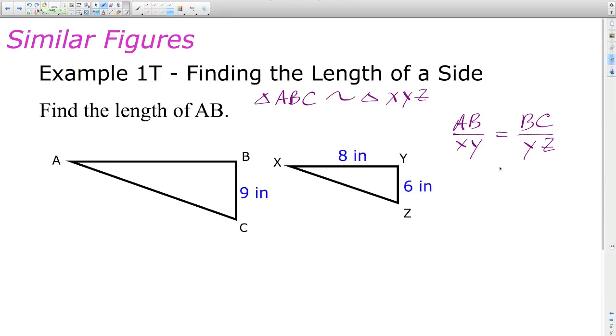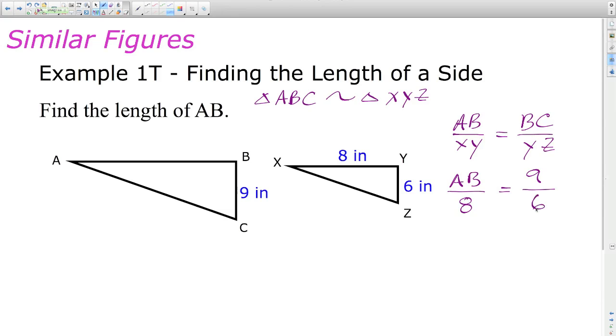Now we substitute our numbers in with the substitution property of equality. AB is what we're solving for, so I'll just leave that as a variable. For XY, I substitute 8 inches. For BC, I substitute 9 inches. And for YZ, I substitute 6 inches.